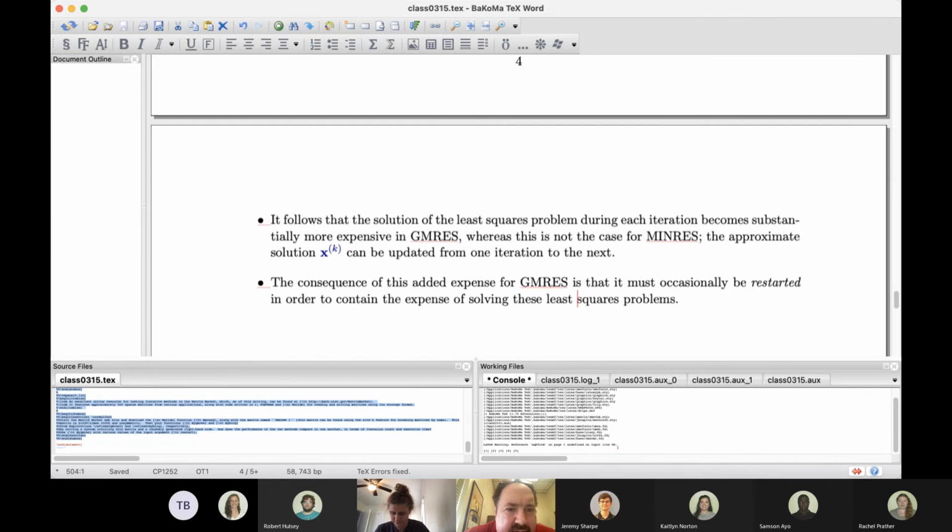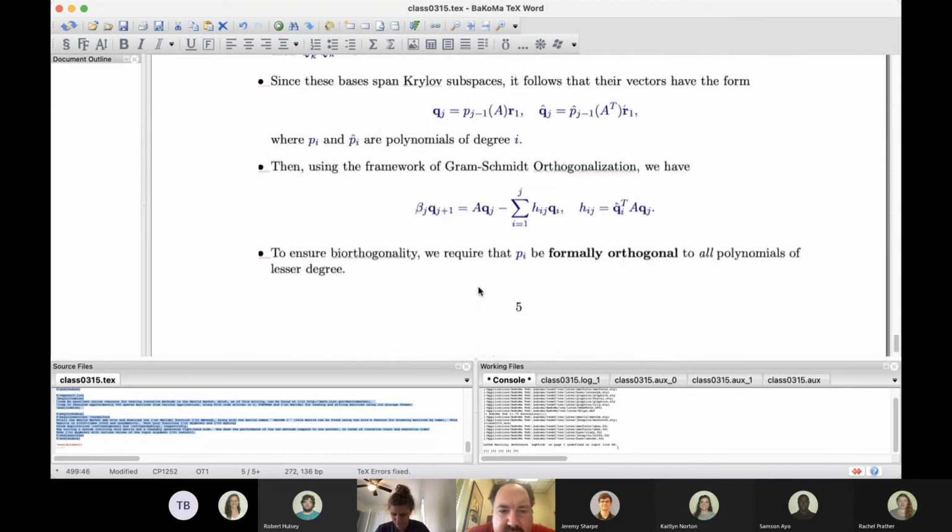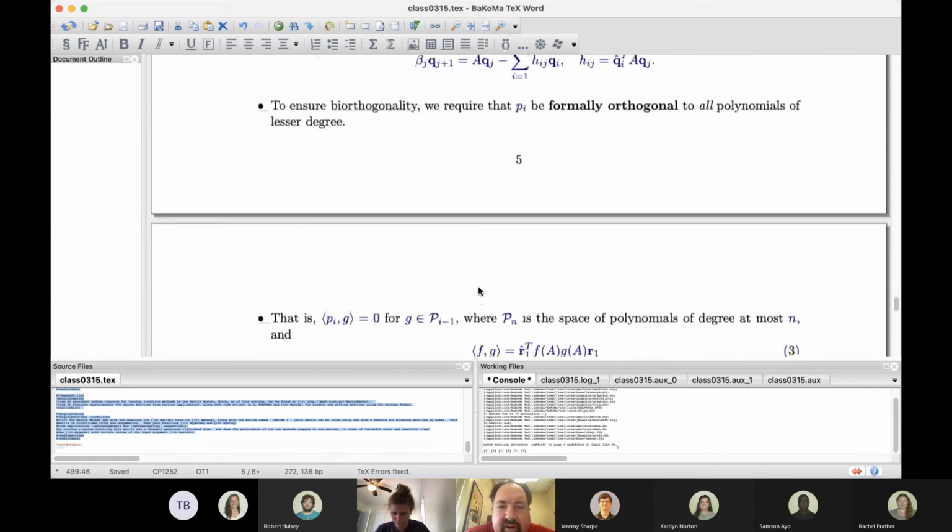I want to try to uncomment a certain portion, but apparently it's not letting me do that in this editor. Oh, okay, good. All right.